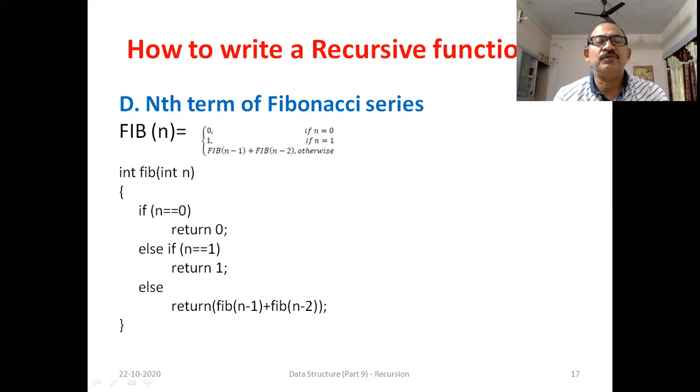Else if n is equal to 1, the system returns the value 1. Otherwise, we divide the calculation of fib(n) into two sub problems, fib(n minus 1) plus fib(n minus 2), and solve these sub problems in a recursive manner. So this way we can write a recursive function for a given problem which is expressed in a recursive manner.